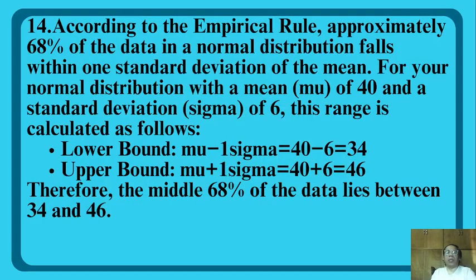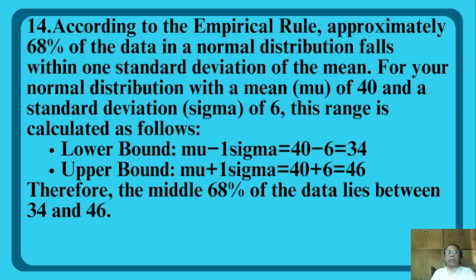So according to the empirical rule, approximately 68% of the data in a normal distribution falls within one standard deviation of the mean. For your normal distribution, with a mean of 40 and a standard deviation sigma of 6, this range is calculated as follows.